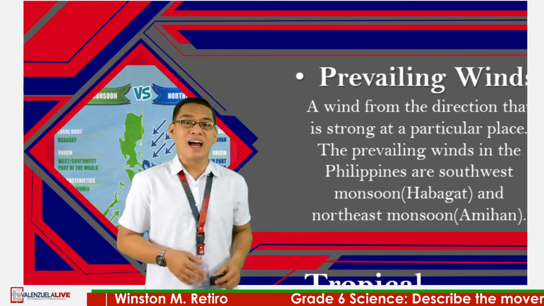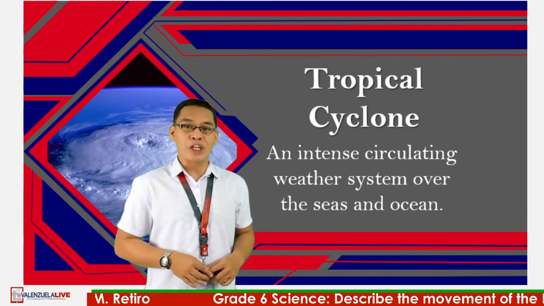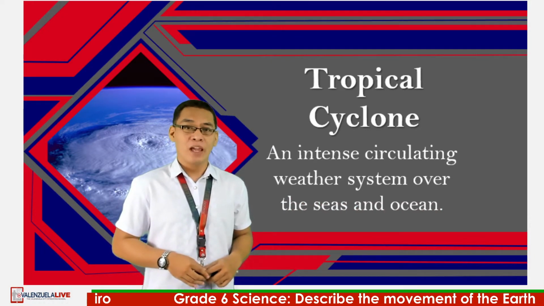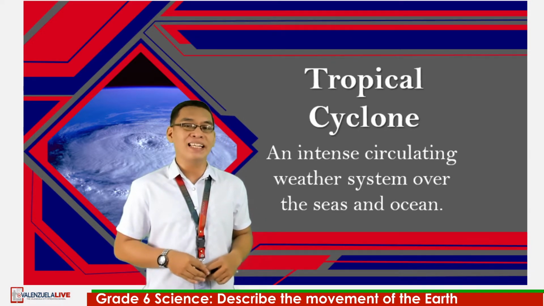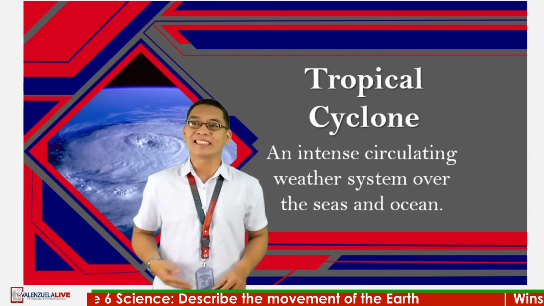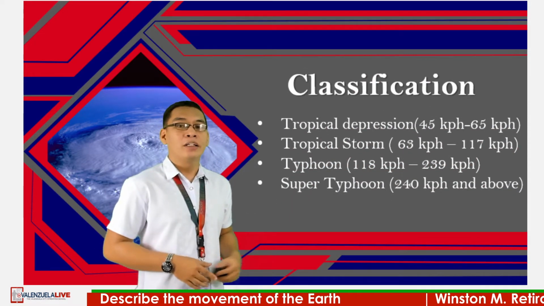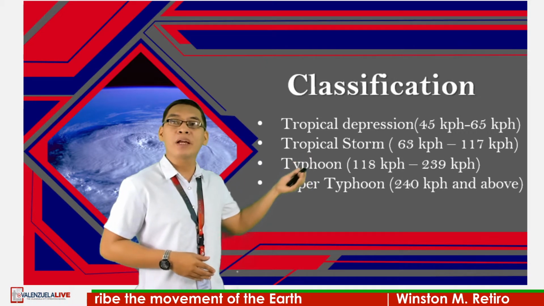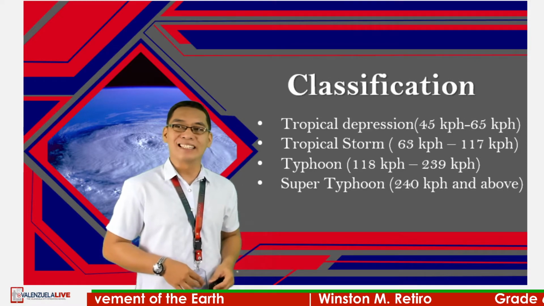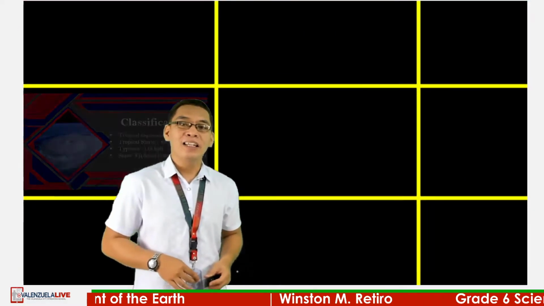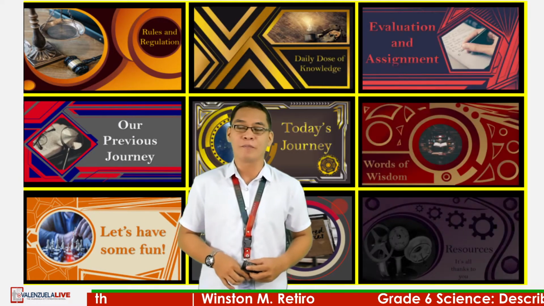We also discussed the tropical cyclones and their classification, right? It is said to be an intense circulating weather system over the seas and the oceans. These classifications are tropical depression, tropical storm, typhoon, and super typhoon. That was our previous lesson, last FB Live discussion.